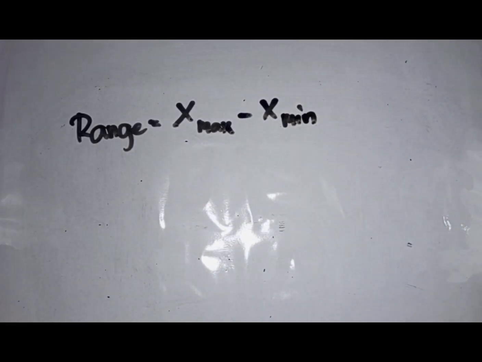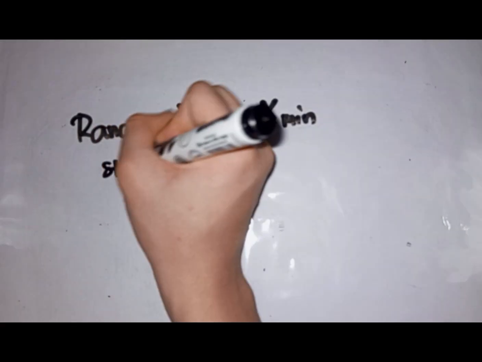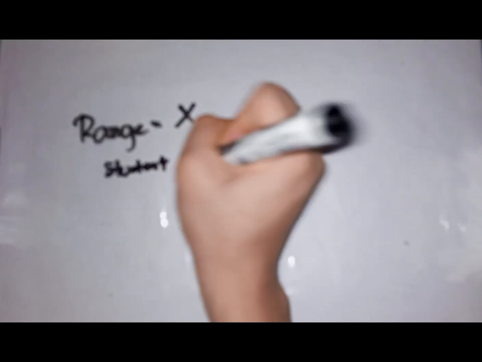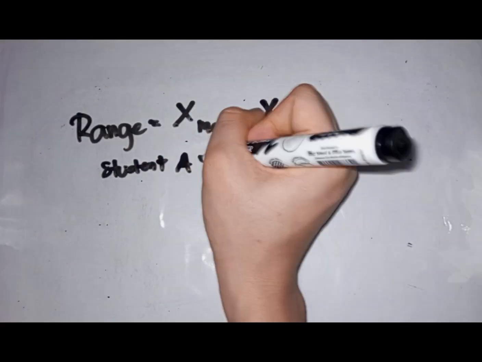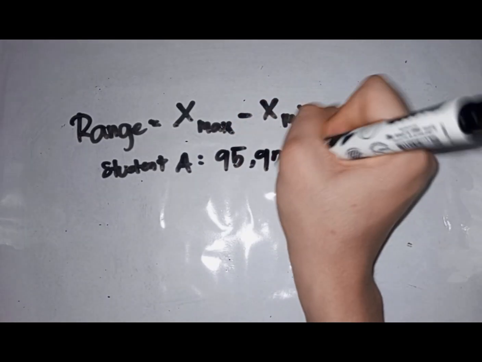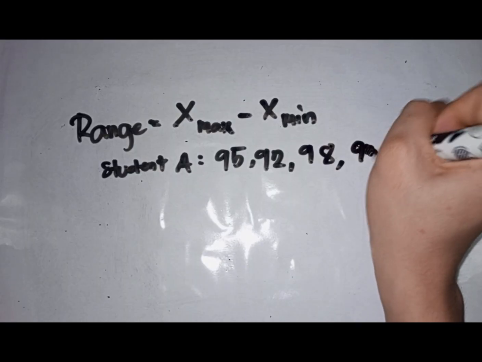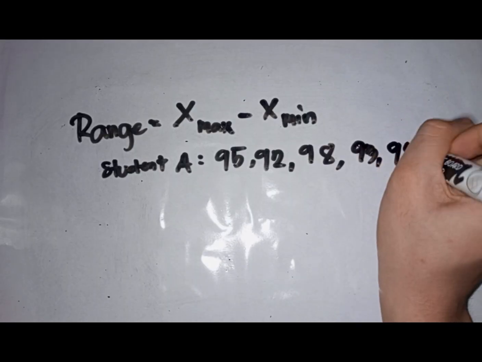So for example, let's imagine we have the test scores of two different students. Student A has test scores of 95, 92, 98, 93, and 94.